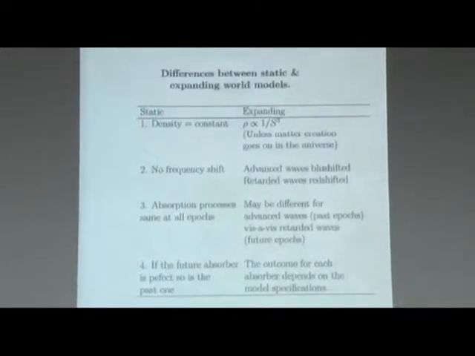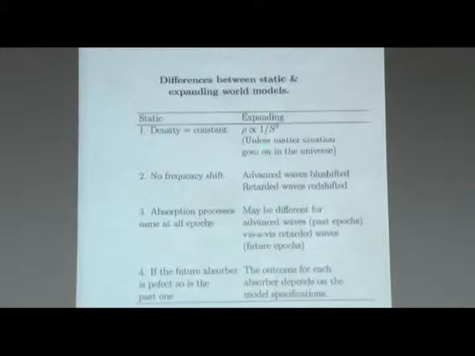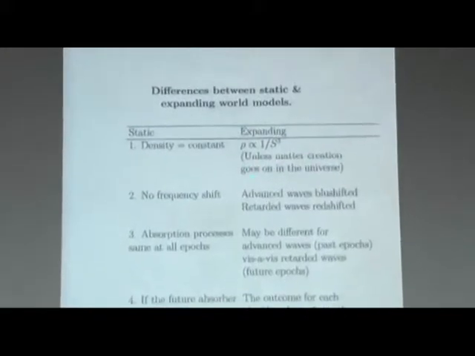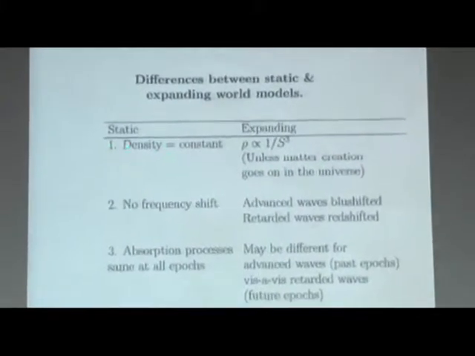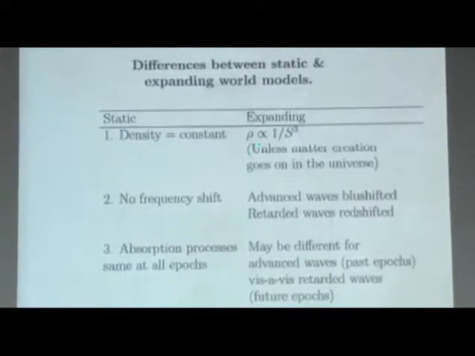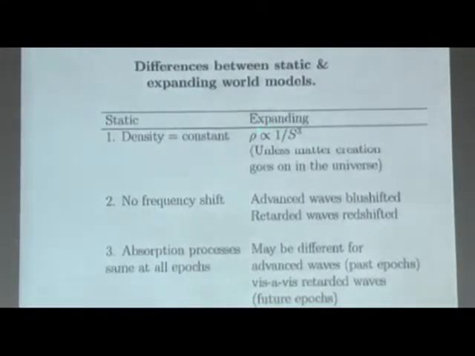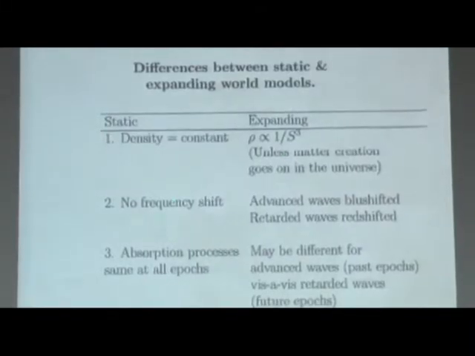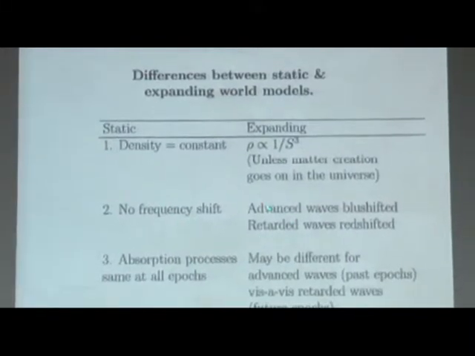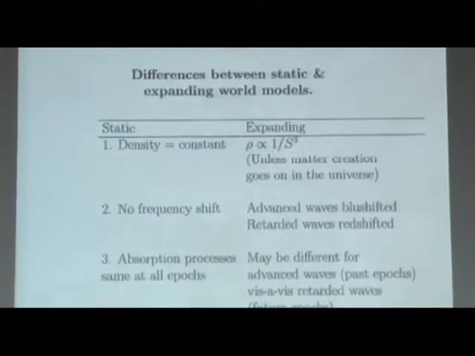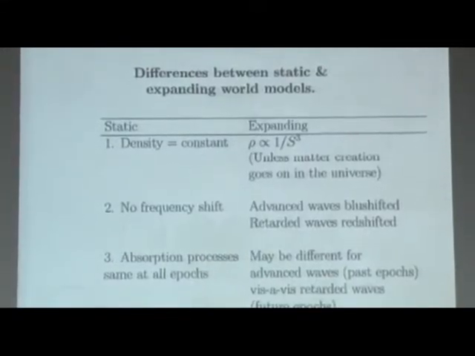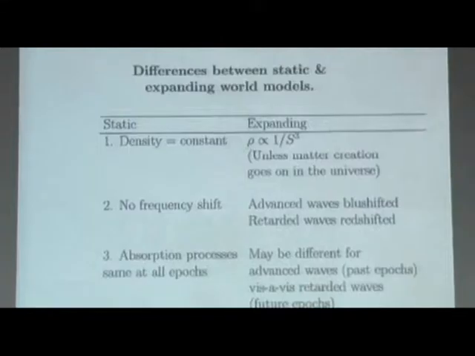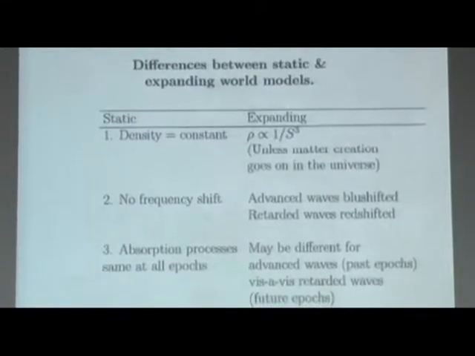In the static model, density is constant. In the expanding model, the density goes as 1 over S cubed, unless matter creation goes on in the universe. In the early 1960s, the steady state model had considerable credibility because its nemesis, the microwave background, had not been discovered, or had been discovered but people had not realized it existed.